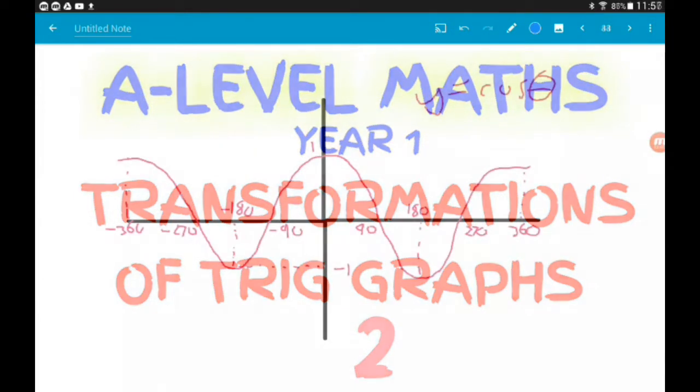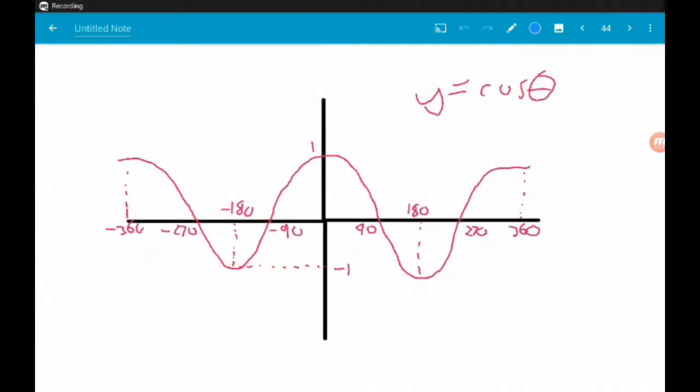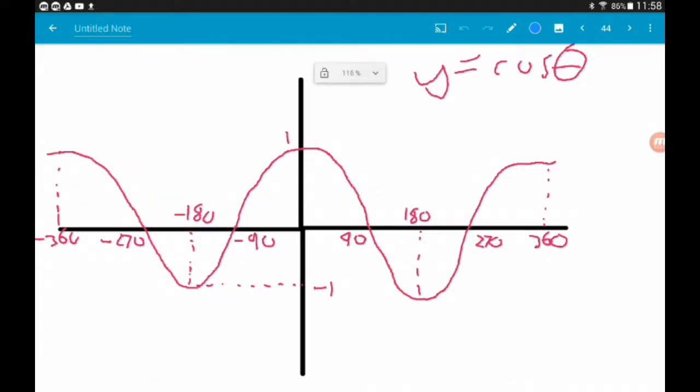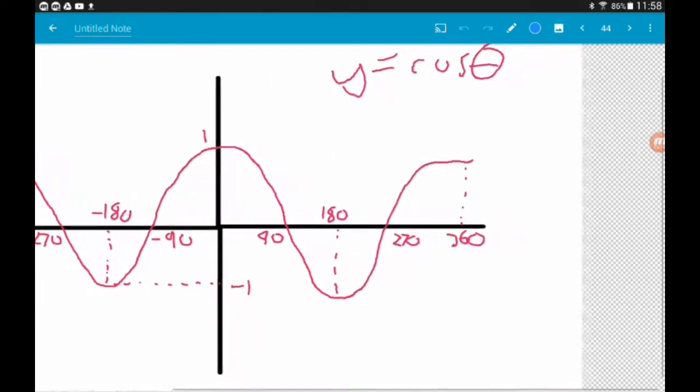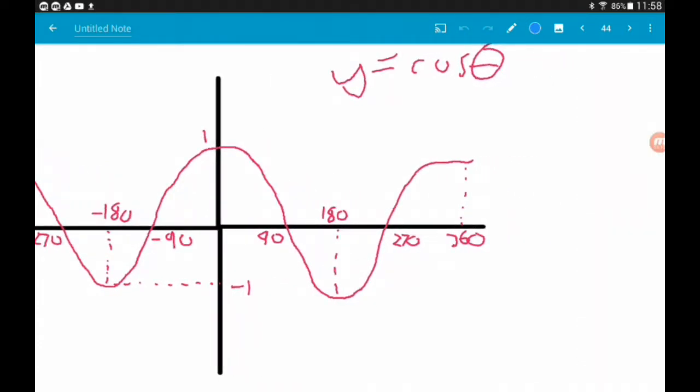Let's get cracking. Before we start transforming it, it's a good idea to make sure we're really happy with the graph of cos of theta. So this is it. We intercept the y-axis at (0, 1). Positively, our x-intercepts are at 90 and 270.